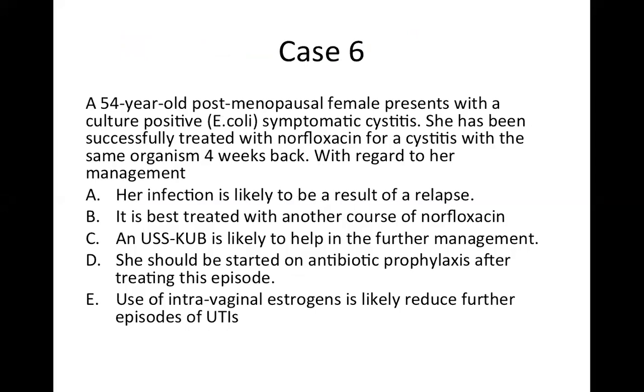So it's a symptomatic cystitis in a postmenopausal female, and the culture has grown E. coli, so it's a confirmed case. She has been successfully treated with norfloxacin for a cystitis with the same organism 4 weeks back. So 4 weeks ago, she had a similar infection with the same organism and was successfully treated with norfloxacin. With regard to her management, which is the correct response?